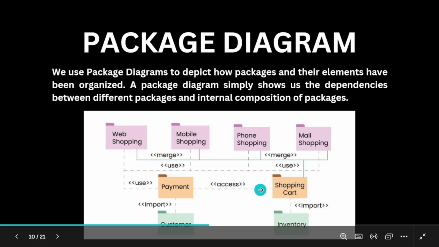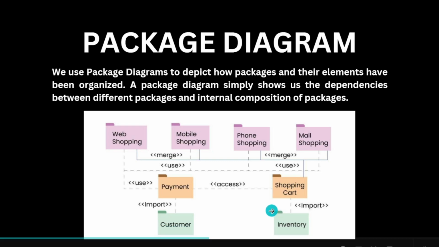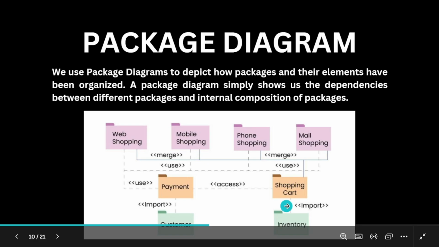Overall, ito yung diagram na nagpapakita kung paano ang iba't ibang paraan ng pamimili ay magkakaugnay sa pangunahing bahagi ng system tulad ng shopping cart, then payment and customer and inventory, para makabuo ng isang seamless shopping experience para sa mga user.